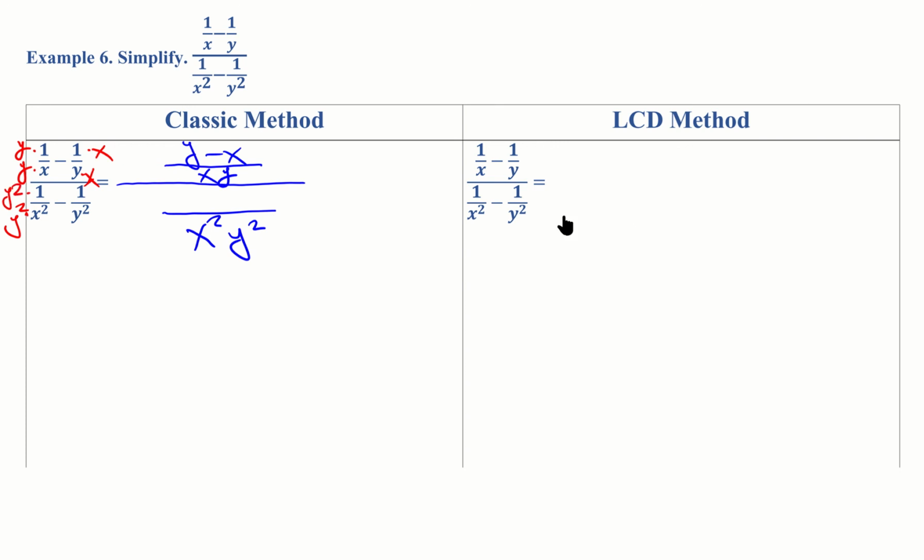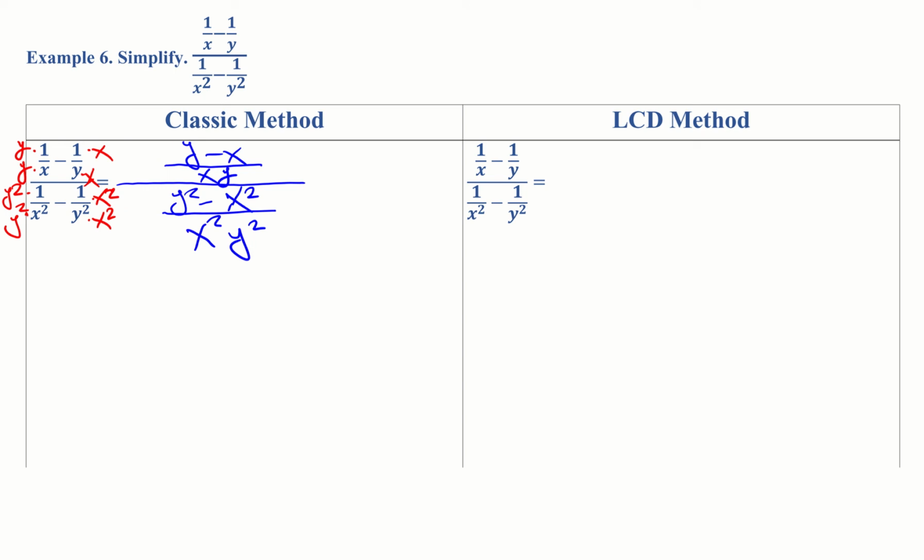To turn y squared into x squared y squared, we have to multiply by x squared, and immediately do the same on the top. So notice both denominators are now the common denominator. So we just combine the numerators, which are y squared minus x squared.